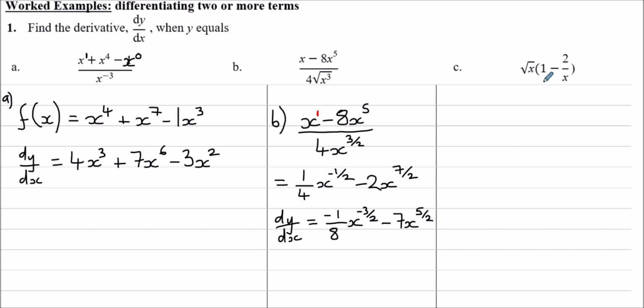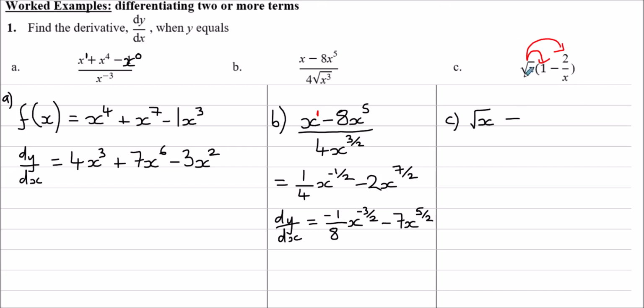And for c, here we may as well expand out this to again make it just easier to work with. So the square root of x multiplied by 1 just gives us the square root of x. Square root of x multiplied by minus 2 over x.